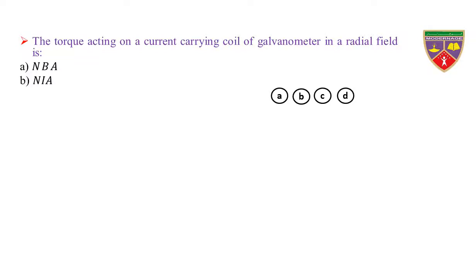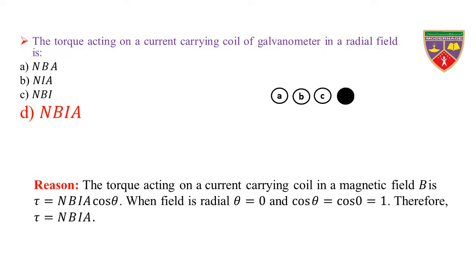Option B, B N I A, where I is the current. Option C, N B I. Option D, N B I A. The key is N B I A. Therefore, the correct option is D.